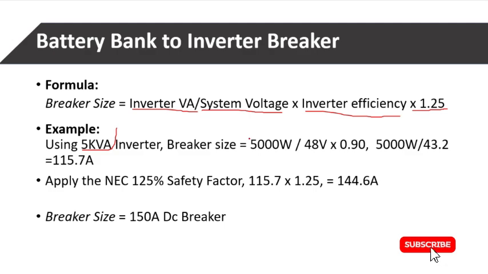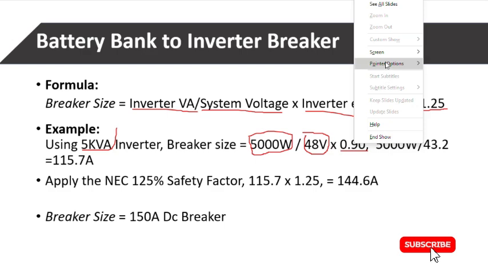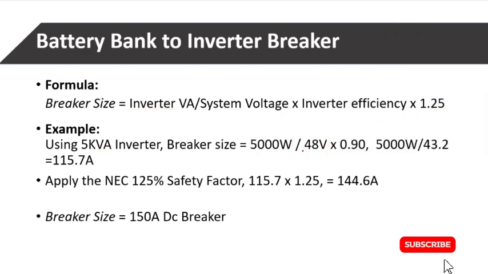Now our breaker size will use the 5 kVA, which is 5000 watts if you convert kVA to watts. Divide by 48 volts, which is our system voltage for this particular example, and multiply by our inverter efficiency, which is 0.9, that's 90%. Before we do this division, you first do this multiplication.